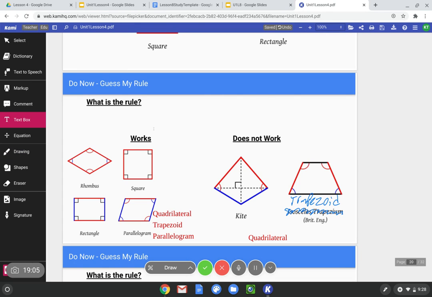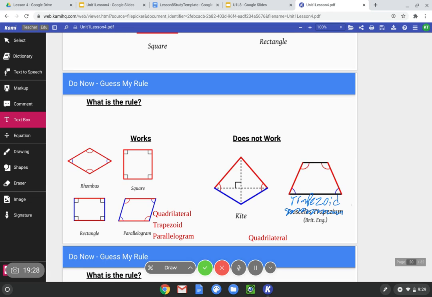Okay, so the ones that do work, the rhombus, square, rectangle, and parallelogram, these shapes are all quadrilaterals, they're all trapezoids, and they're all parallelograms, meaning they all have at least 2 pairs of parallel sides. Now, for what doesn't work, the kite and trapezoid don't have much in common.